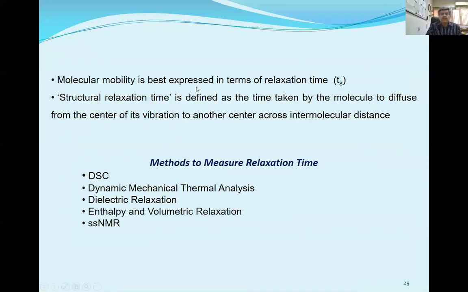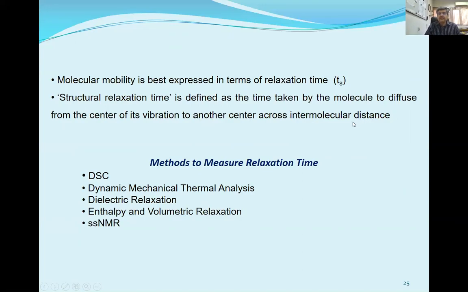Molecular mobility is best expressed in terms of what we call relaxation time, which is denoted by the abbreviation small tau with s in the subscript. Structural relaxation time is defined as the time taken by the molecule to diffuse from the center of its vibration to another center across the intermolecular distance.